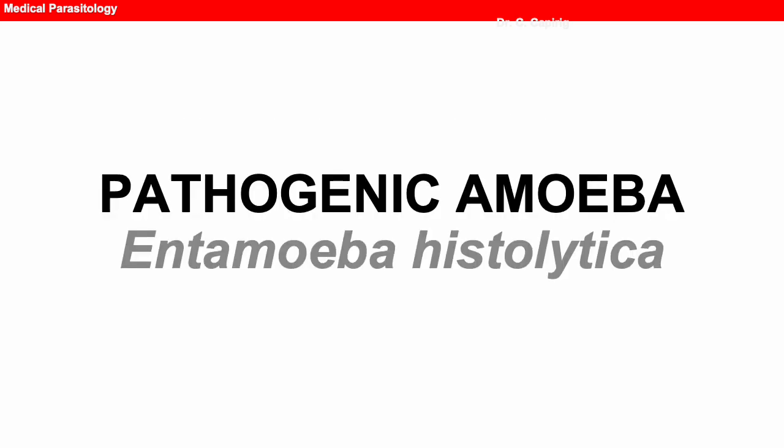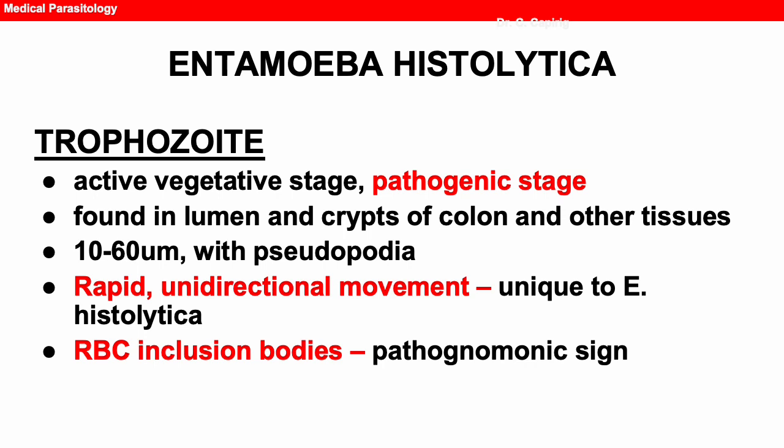Now, the first parasite that we'll be covering is the pathogenic amoeba, Entamoeba histolytica. The trophozoite of Entamoeba histolytica is the active vegetative state, and this is the pathogenic stage. It is found in the lumen and crypts of the colon and other tissues. They have pseudopodia, and they measure around 10 to 60 microns.